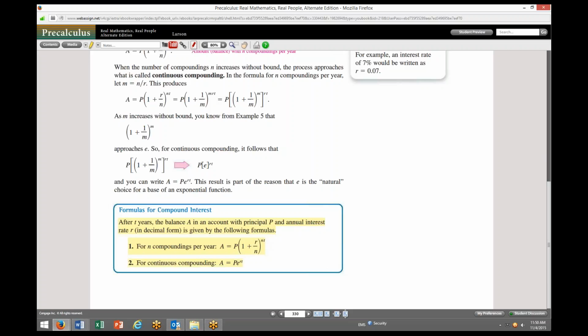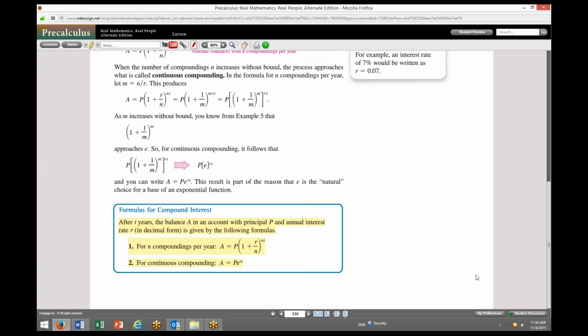So your exponent then being n times t, the exponent is going to be 12 times 5, and I recommend going ahead and multiplying that out, and you get 60. So instead of leaving the exponent as n times t, 12 times 5, and you have to put it in parentheses with your calculator, no, just multiply 12 times 5, get 60, and then all you have to do is raise that parentheses to the single number power of 60.